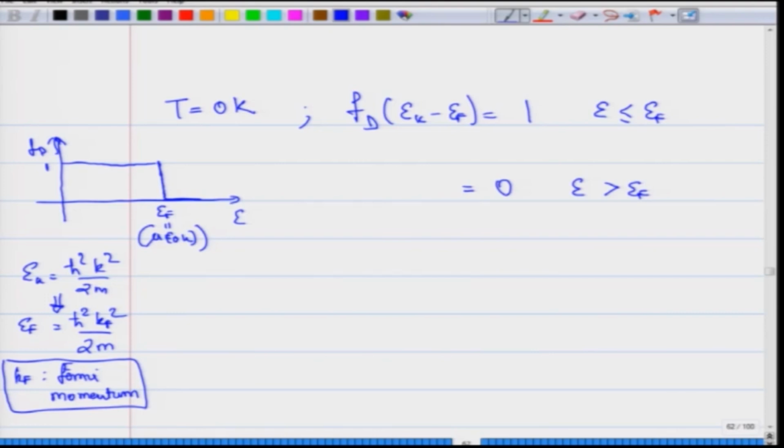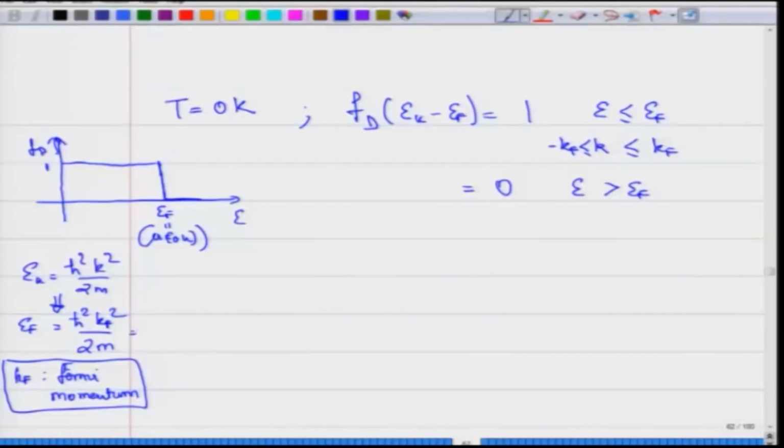So, if the Fermi-Dirac distribution f is going to be equal to 1 for energy less than or equal to Ef, this is going to be valid for all momentum states greater than minus kF, less than or equal to plus kF, because the Fermi energy is proportional to the square of the momentum, and therefore plus minus kF will satisfy this. So this is also equal to ħ²/2m (±kF)².